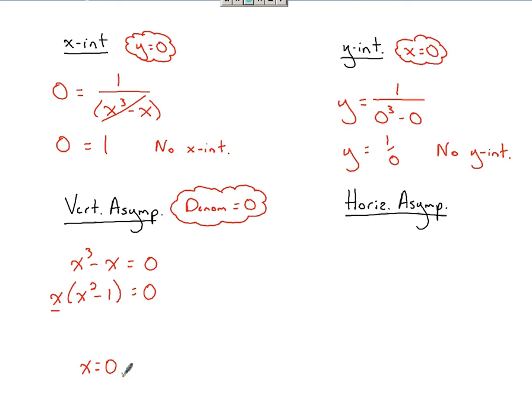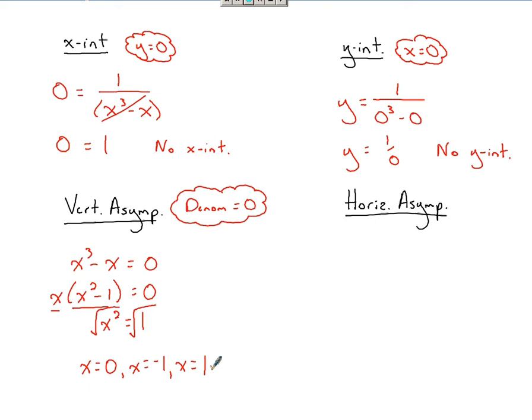You've also got this x squared minus 1 idea. That would equal 0. Where if you add the 1 over and take the square root of each side, there's that plus or minus 1 again. So x equals 0, x equals negative 1, x equals positive 1. Those are all vertical asymptotes. Those are lines I can fill in on the sketch here in just a minute to kind of guide the graph.